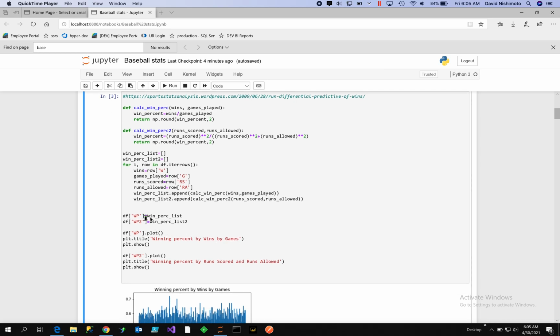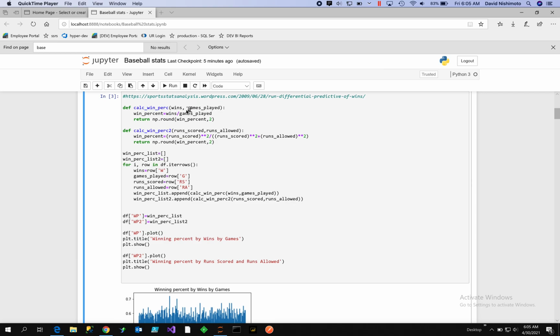So WP will be our win percent, and then we have wins divided by games played, and runs scored by runs allowed. So those would be the two percentages we have: win percent and win percent two. So win percent two is a ratio of runs scored to runs allowed.